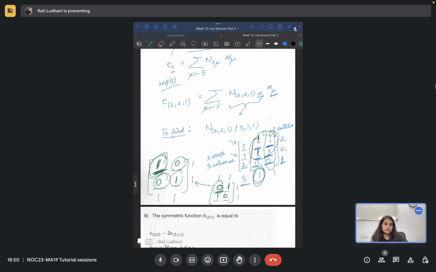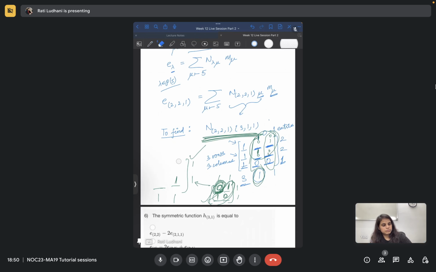There is no other choice for these places if we force this to be 1. Similarly, if we force this to be 0, then the other 3 places have no choice. This has to be like this only, right? So we just have 2 possibilities for this to be true. For this number, we just have 2 choices. Is that clear?